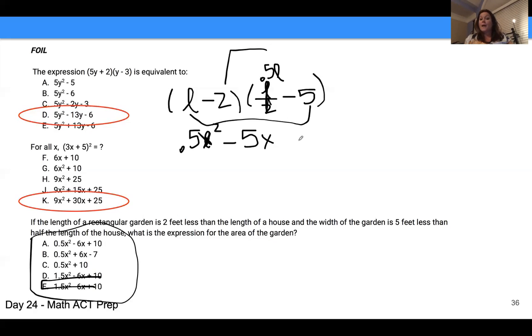Negative 2 times half an L is going to give me negative 1L, or X. Oops. And then negative 2 times 5 gives me plus 10. And honestly, right here, I can eliminate this one. I know there's going to be something in the middle, so my answer is A, because negative 5 plus negative 1L gives me negative 6L.